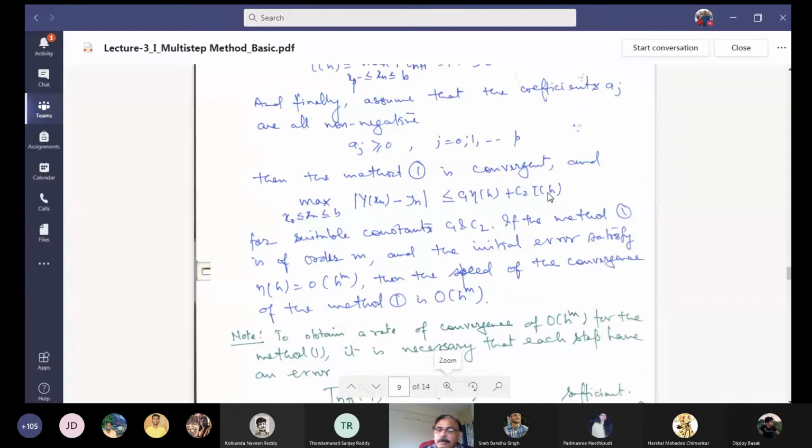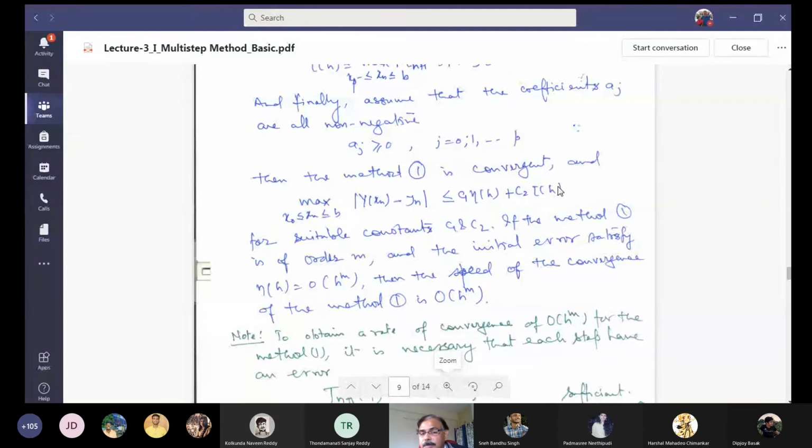So they have some other local truncation error, and this eta h, I'm not saying tau h now, I'm saying h times eta h will give you the local truncation error for the values which you have got using this multi-step method. Is that right? Yes, sir. Okay, this has to be clear, otherwise there will be trouble.